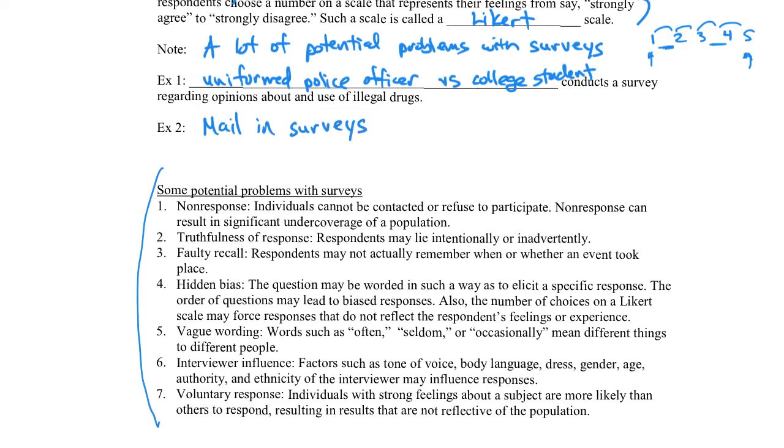Since the internet has been on the scene, now we have email. You still have to be careful with these surveys also. Mail-in surveys or email tend to receive the most responses from those with strong opinions.